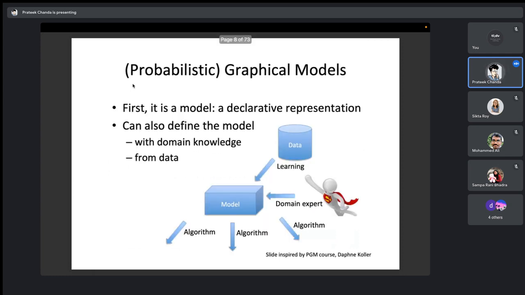Firstly, a graphical model is basically a declarative representation. You need data, obviously, and you also need some domain expertise, or domain knowledge. For example, in medical diagnosis, the domain experts would be your doctors, and the data would be past patient records, the history of symptoms and so on.